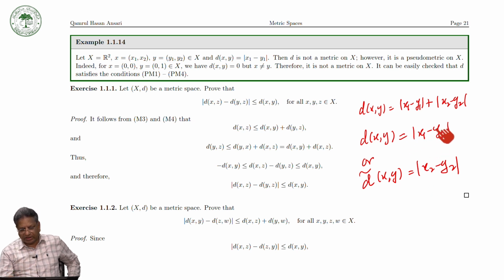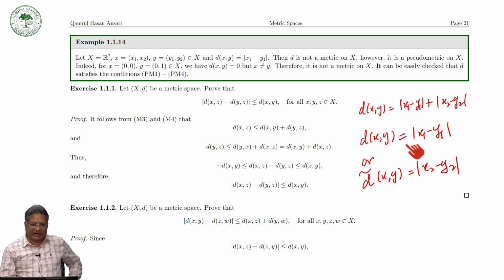Keep in mind, I will show you why I am emphasizing these things. Let us do some exercises before ending this section.